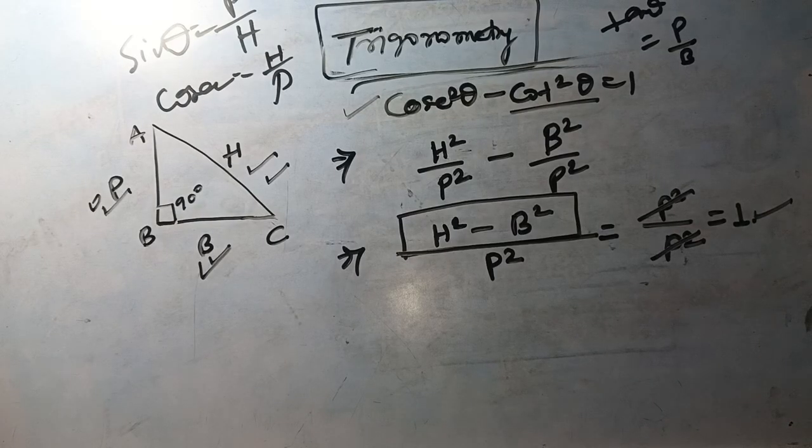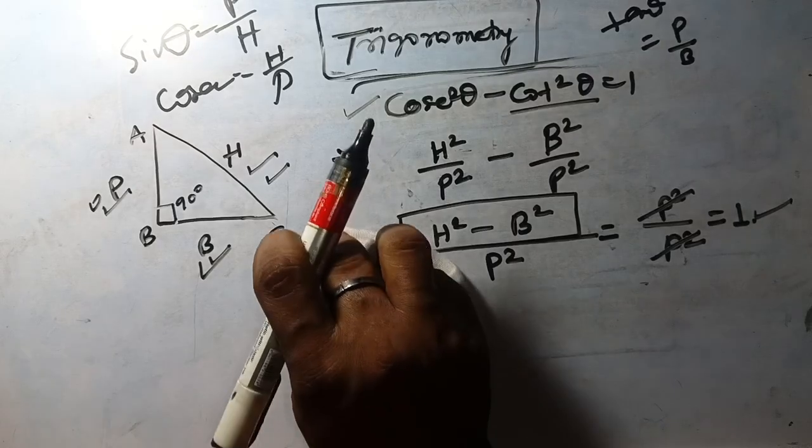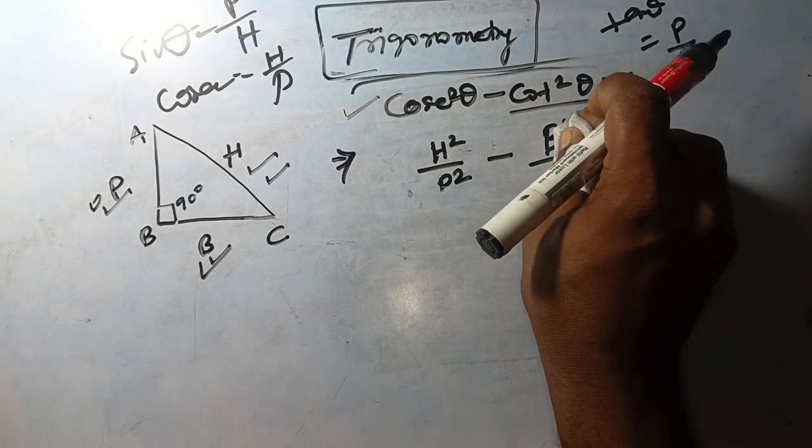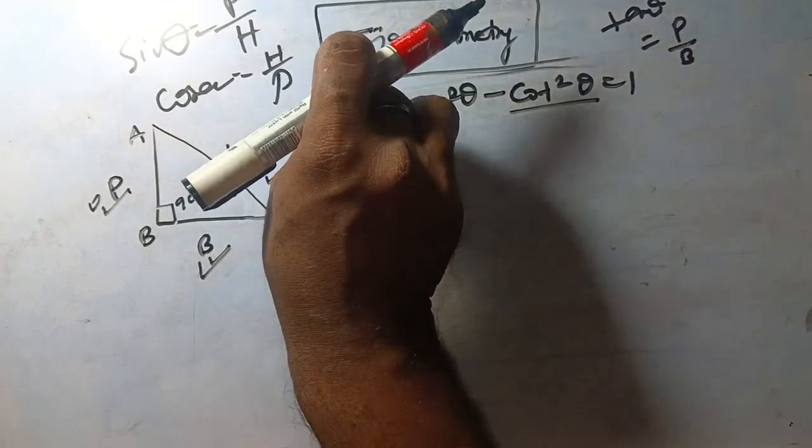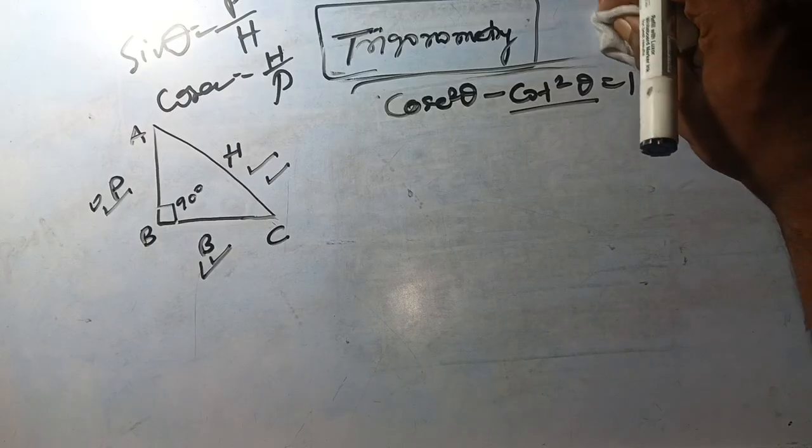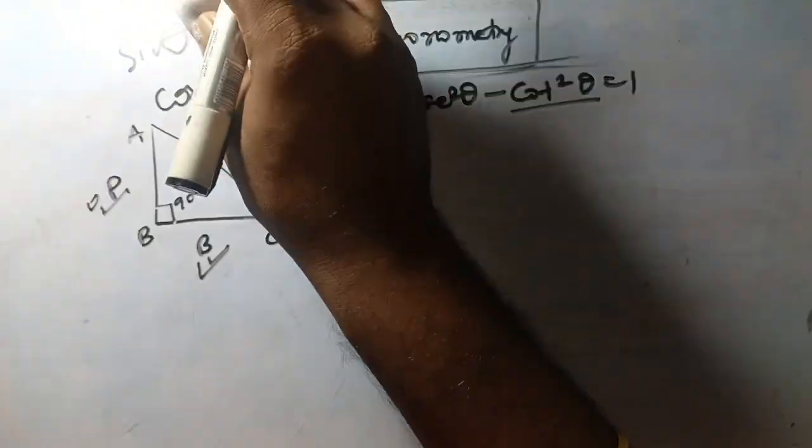Now what can we find out from this formula? We can find out the value of cosec theta and cot theta. How? Let's see.